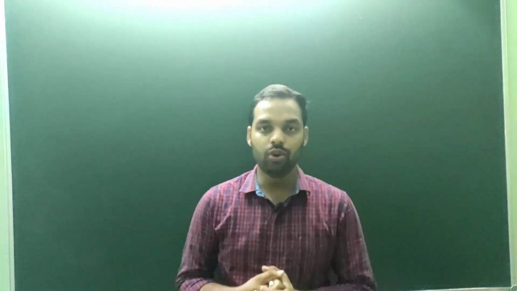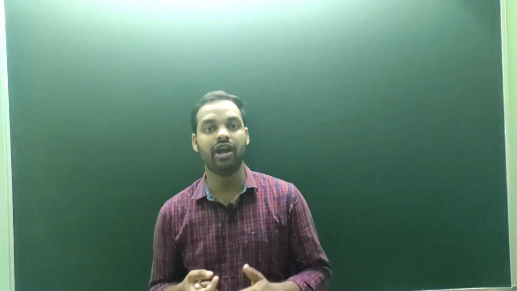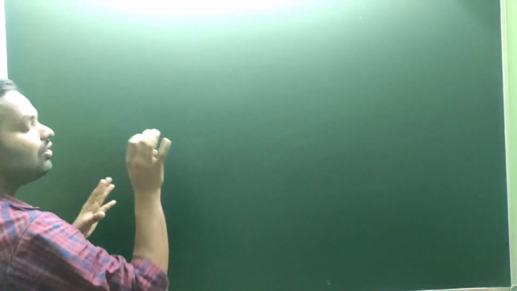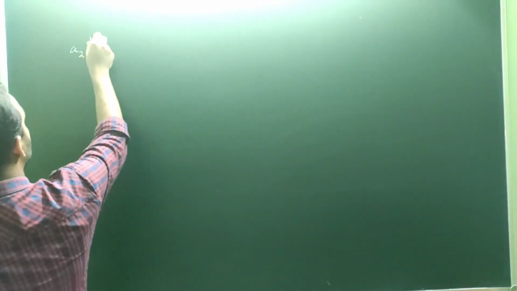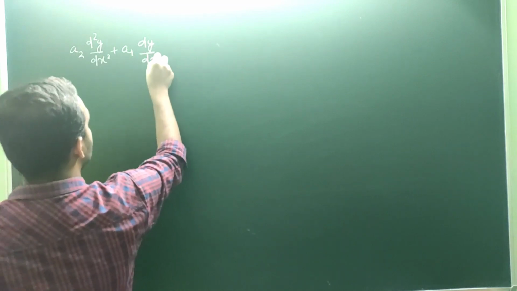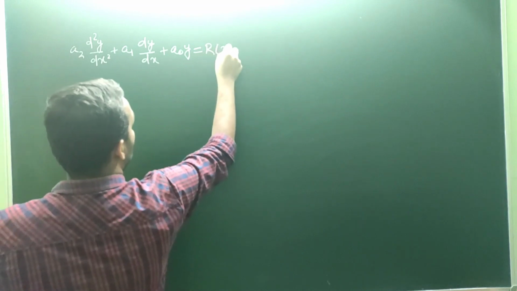In the last class I told you about the second order linear non-homogeneous ordinary differential equations and how to find out the solutions for different kinds of RHS, that is, function of x. So let me just revise all those things. The general form of this second order linear non-homogeneous ordinary differential equation was a2 d square y by dx square plus a1 dy by dx plus a naught y is equal to r of x.